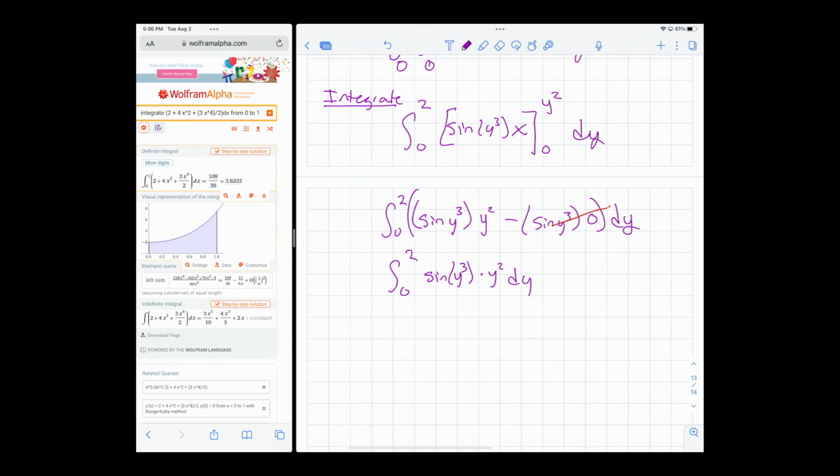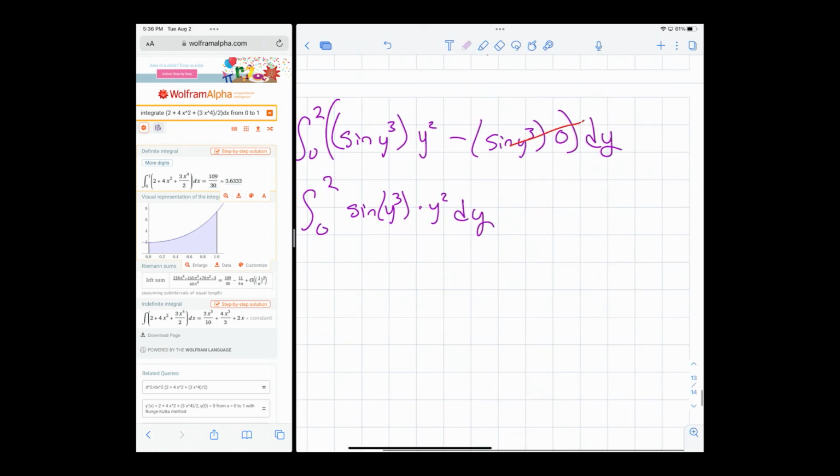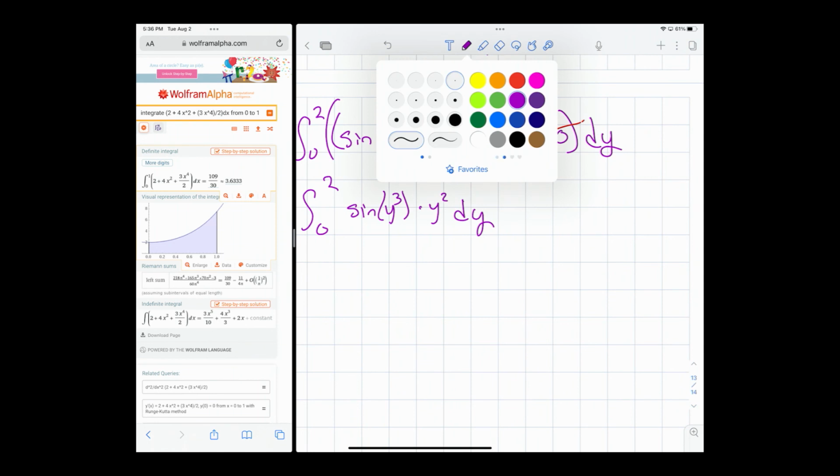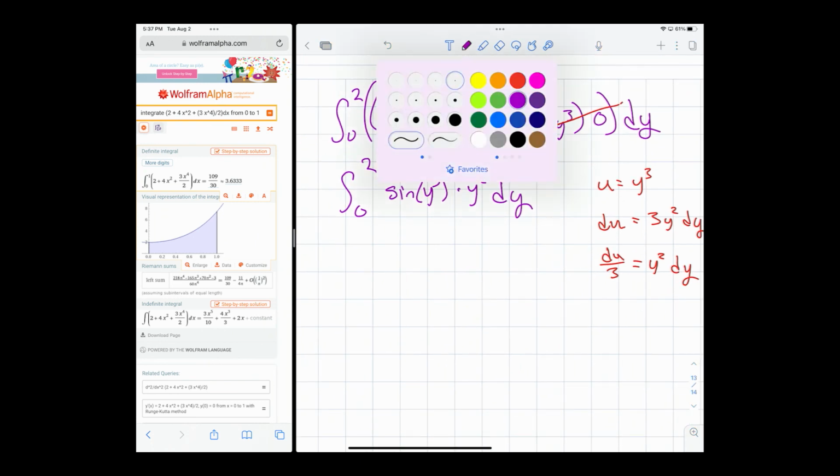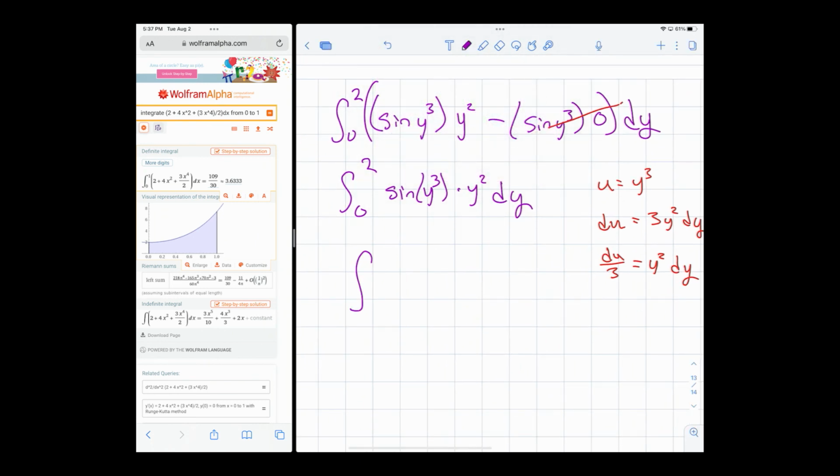And that integral is possible. You just do a u-sub here. u equals y cubed. du is 3y squared dy. So du over 3 is y squared dy. So we end up changing our integral to sine u and then du over 3.